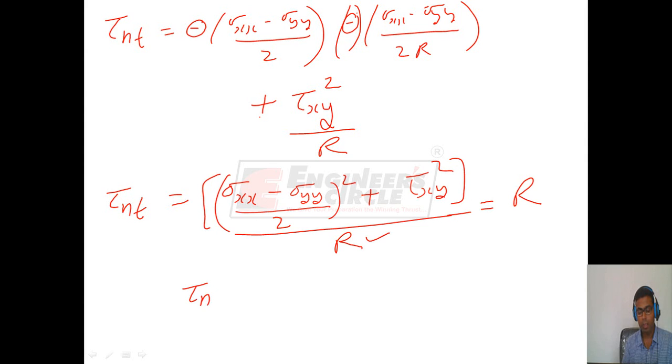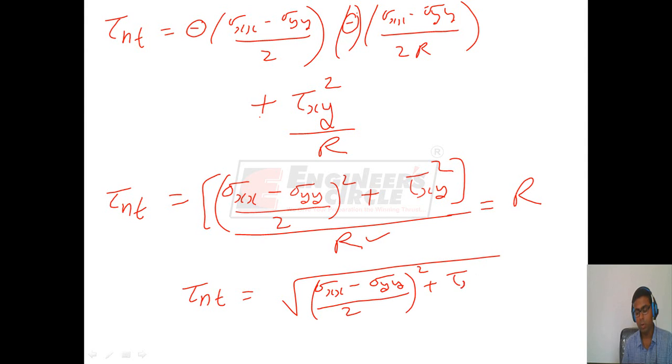Therefore tau nt becomes root over ((sigma xx minus sigma yy) by 2) whole square plus tau xy square. So this shear stress can be either minimum or maximum.